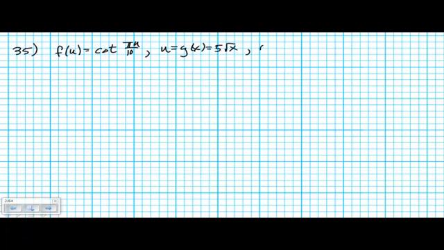And I'm interested in what's going on when x is equal to 1. So, what is the derivative of the composite function? It's going to be f prime of g of x times g prime of x.